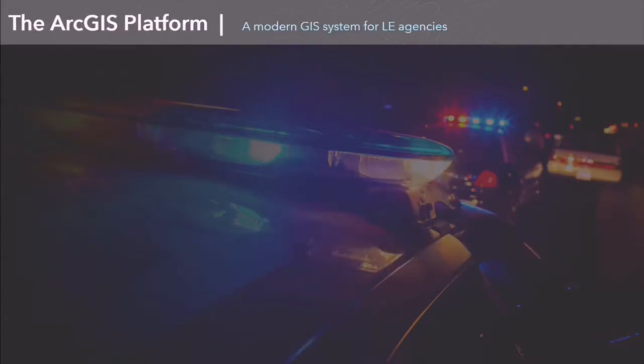And so that's a challenge of technology in agencies, but it's also a challenge for software providers like ESRI. And so what we've tried to do is modernize our set of capabilities to better support some of those interactive mapping needs that law enforcement agencies have in a modern environment. For us, that means what we call the ArcGIS platform, where it's not just about desktop mapping software.